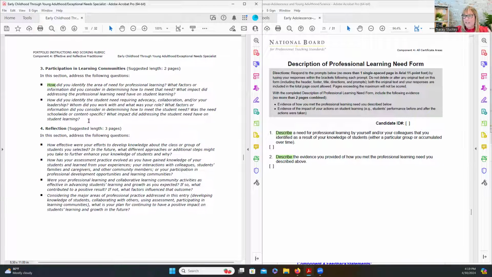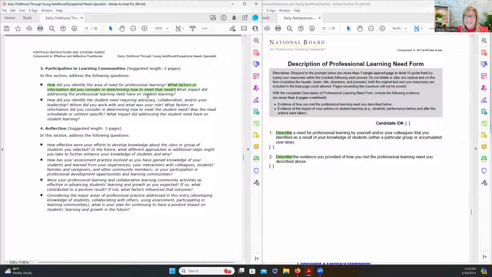Almost like you're giving it to us linearly so we can know what your thought process was. Then you're telling us what factors or information did you consider in determining how to meet this need. Again, this is all around analyzing your thinking and your insight about how you used what you described over here.